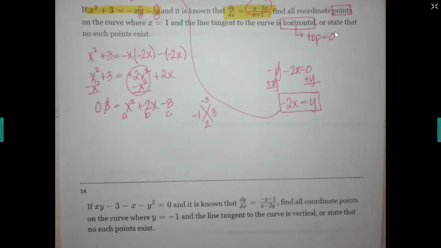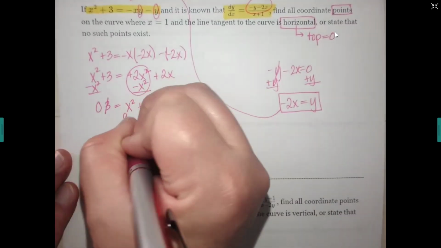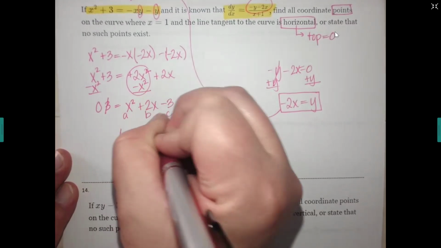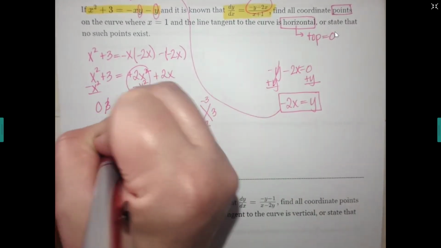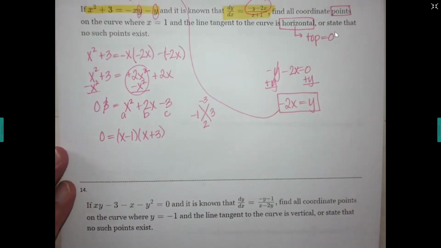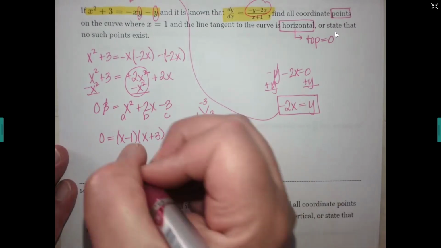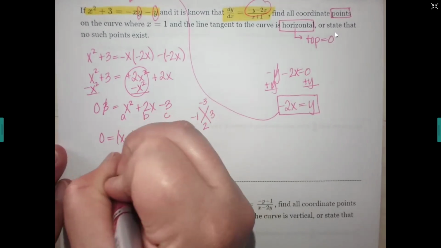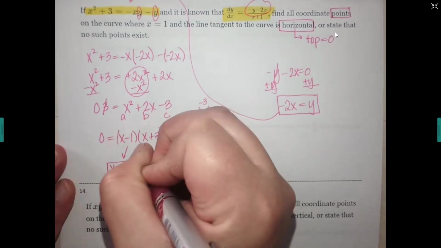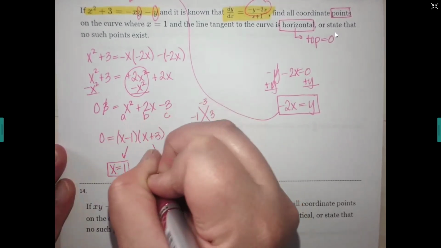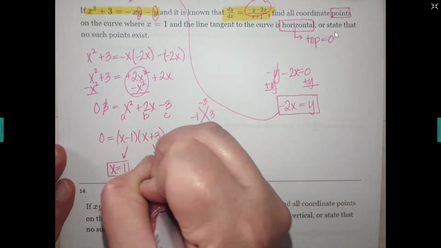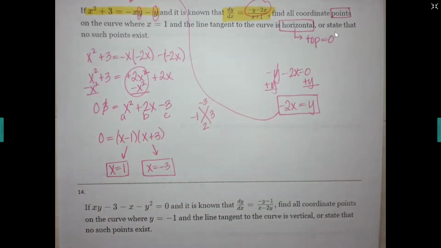So we have an x minus 1 and an x plus 3. Okay, from there, we're going to solve. Remember, your solutions are always the opposite of what you have in your factor. So if it's an x minus 1, that means x equals positive 1. And a plus 3 means x equals negative 3.